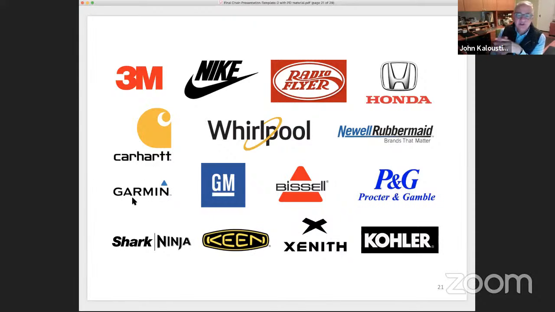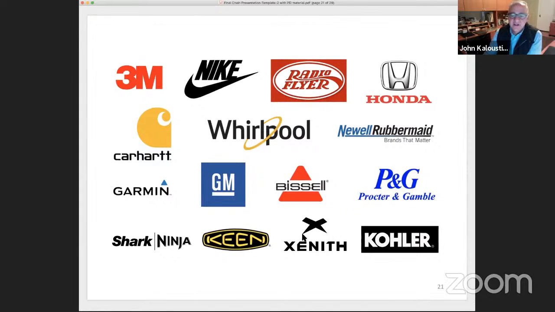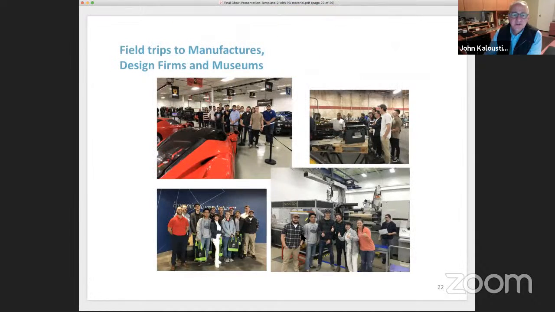Garmin, we've had a number of students work there, and now we have students working there full time. Carhartt is right in Detroit, so we have students working with them as well. We have 1 or 2 graduates working at 3M right now, a number of graduates at Nike and Zenith, Bissell, as I said, Procter & Gamble. Every one of these companies has our grads in there in some context.